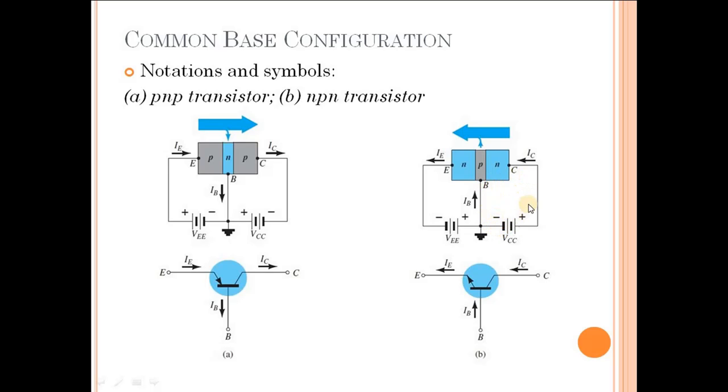So this completes a circuit, and this is what we call the output circuit or output loop, and here we have the input loop. So the input current is again IE, and the output current is again IC.